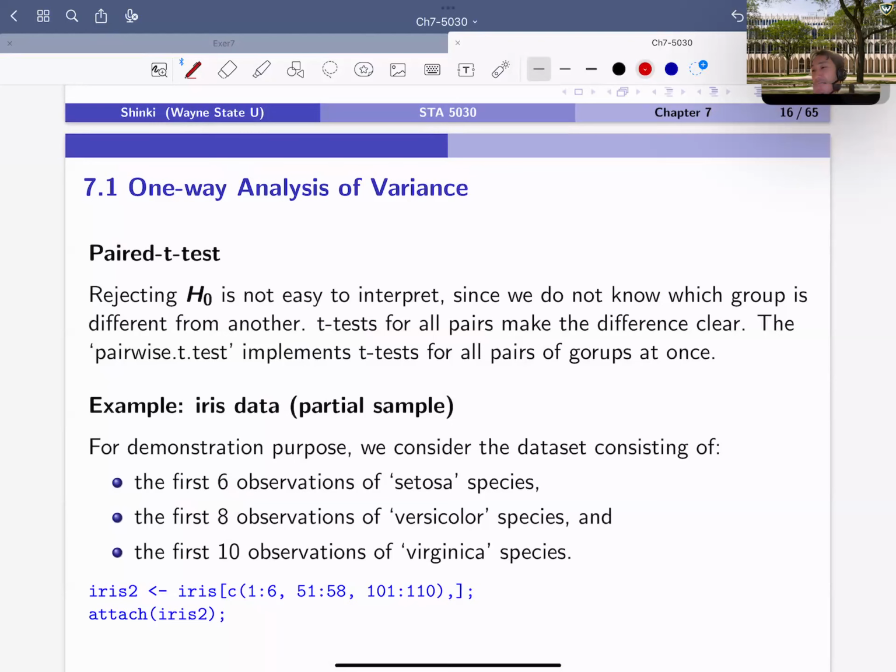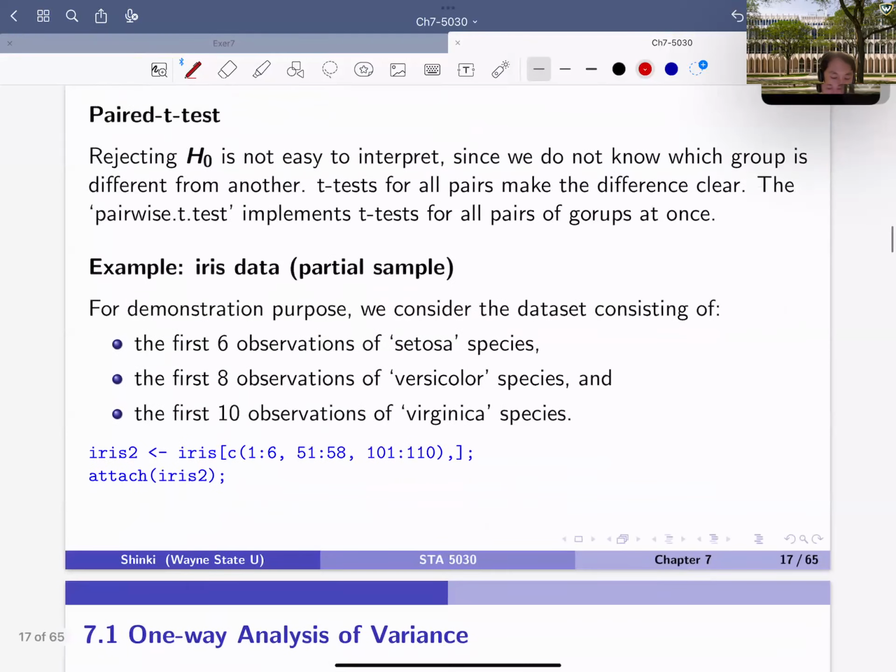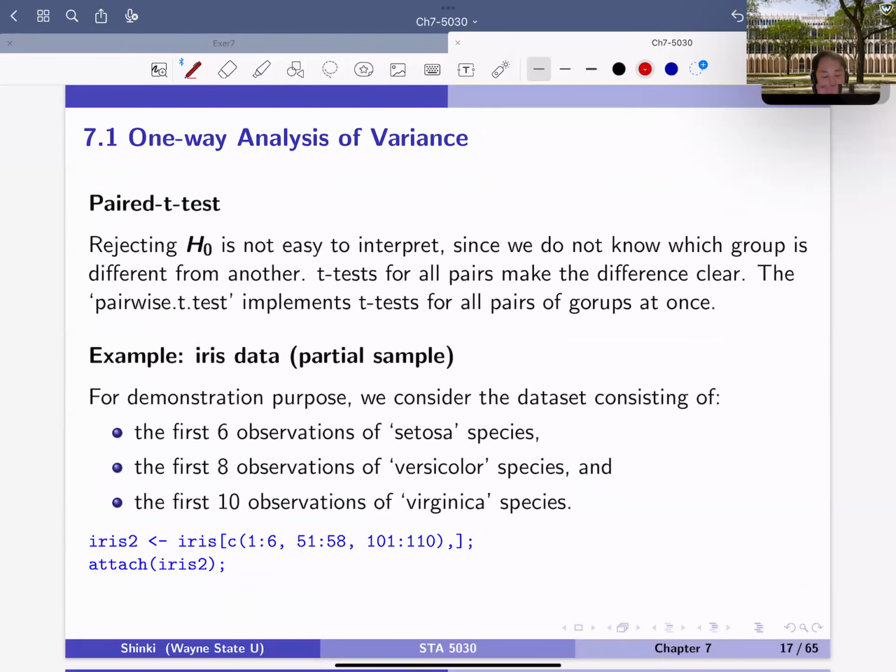If we have tigers and lions, and another group, maybe hyenas or something, then we want to specifically compare lions and tigers. In such a case, we have to do a t-test.